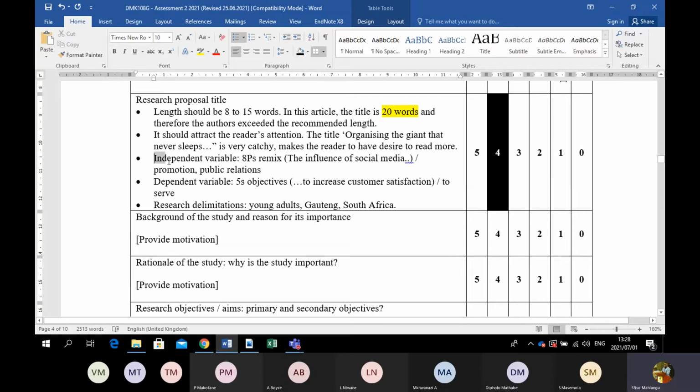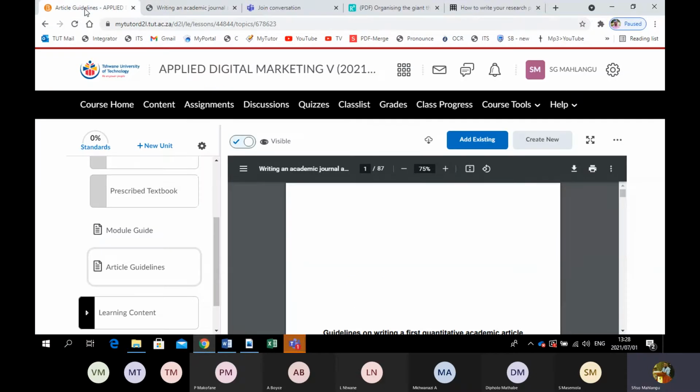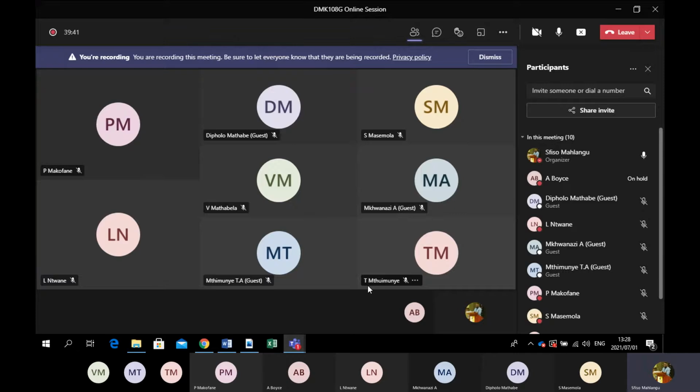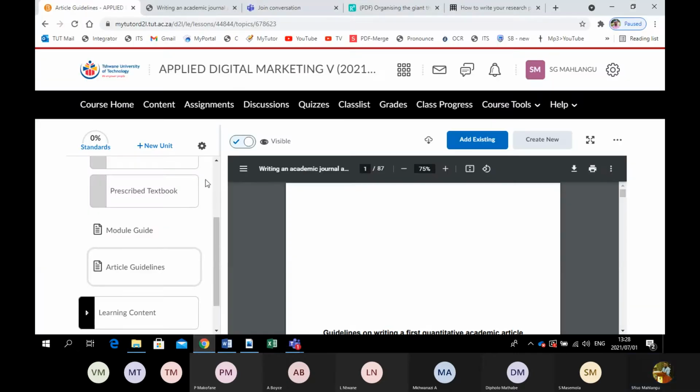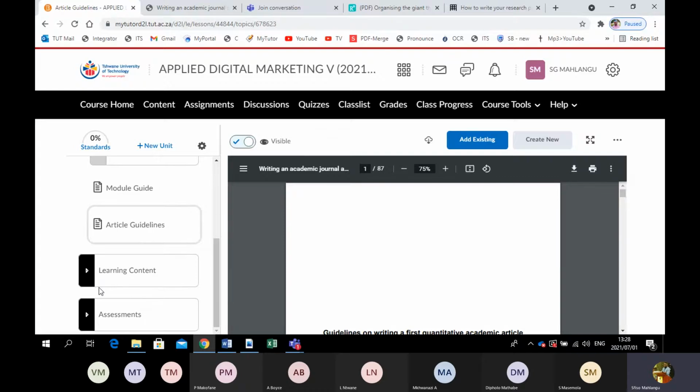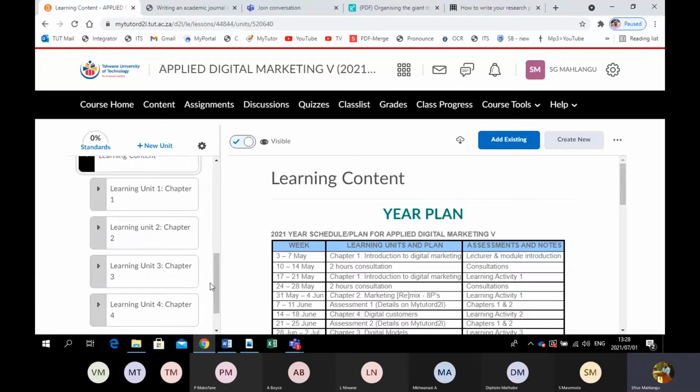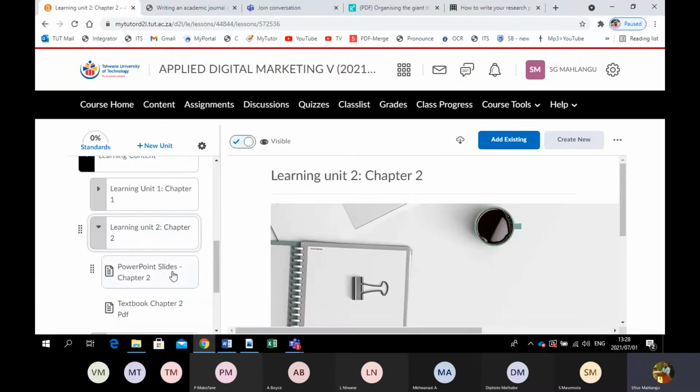So when you come to independent and dependent variables, you will need to go through your chapters in detail, basically. And by going through your chapters in detail, it means that under learning content, that's another thing, you've got the chapters. Let's quickly come to chapter 2.